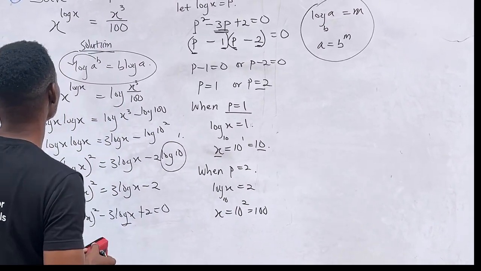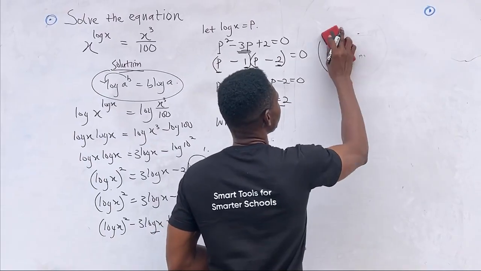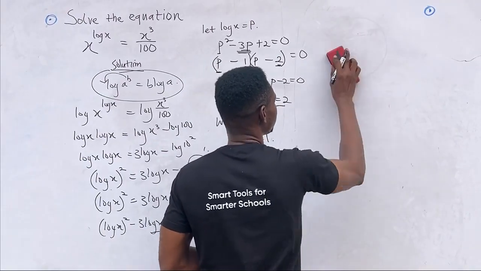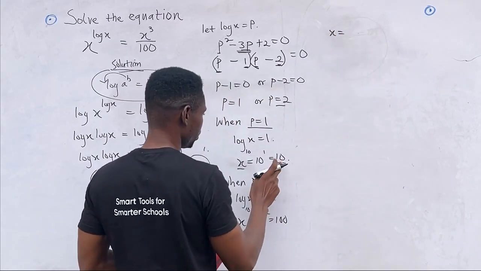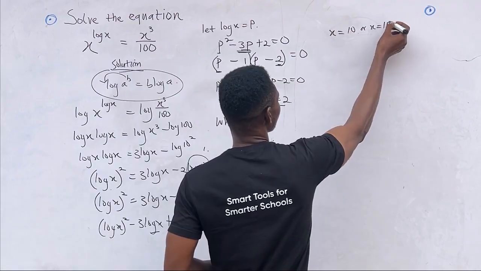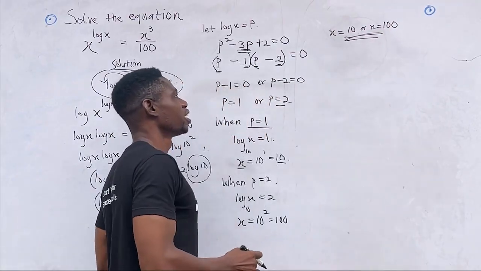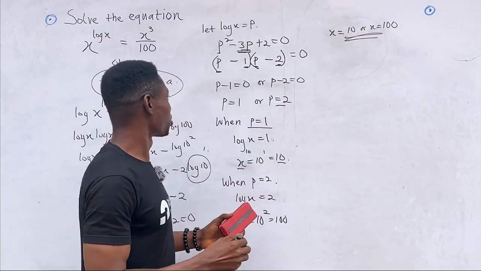And I think that's the solution to the problem. x is either 10 or x equals 100. And that's the solution to this interesting logarithm problem.